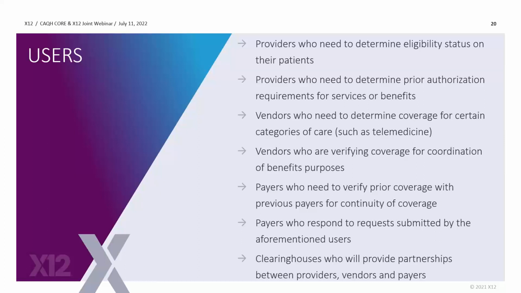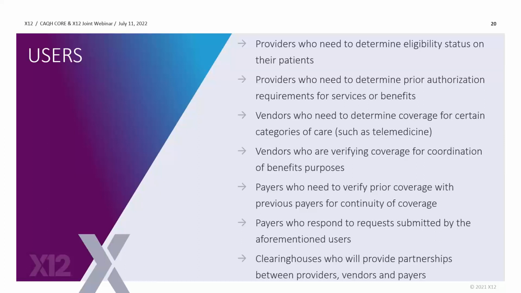We also, in the 270, 271, support the responses of those payers to whatever and whichever request is received. So if it's a payer to payer or a provider to payer or a vendor to payer, the payers who are the official recipients of the 270, those are the payers that are the official information source, and they would return the data.